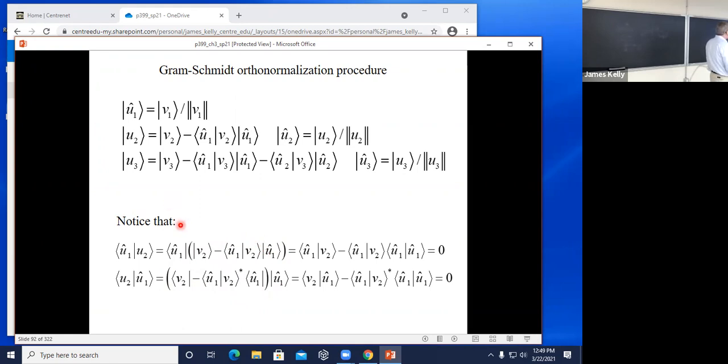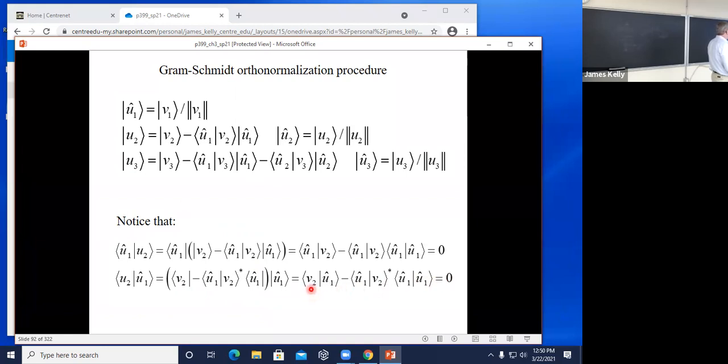Now, when I take the inner product, anything that goes on the left side of the inner product has to have a star on it. And so if I have a constant sitting out in front, when I put it on the left-hand side of an inner product, it has to get a star because it might be complex, right? Then I distribute the inner product and I get this kind of stuff here.